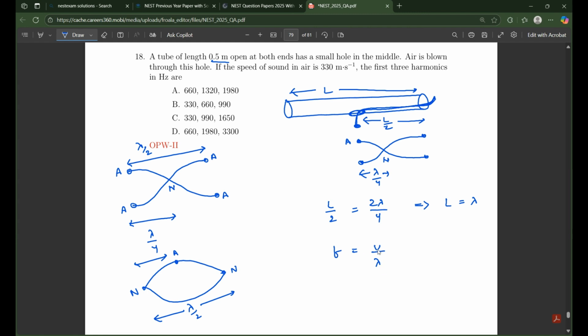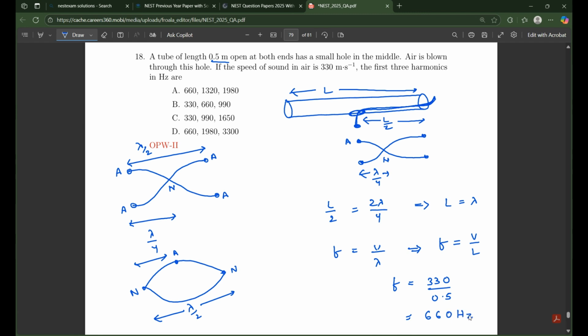From here we have calculated lambda is equal to L. So by putting this in this equation, we get frequency equal to v by L. Now we know the length is 0.5 meters and the speed is 330. 330 divided by 0.5 is nothing but 330 into 2, that is 660 hertz.